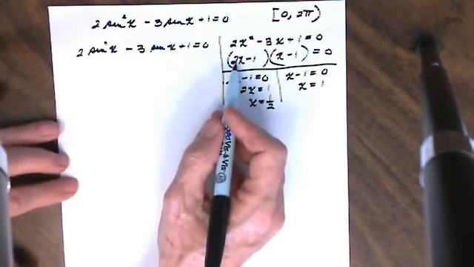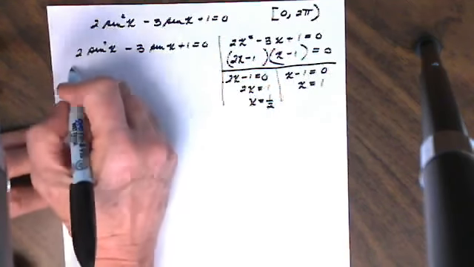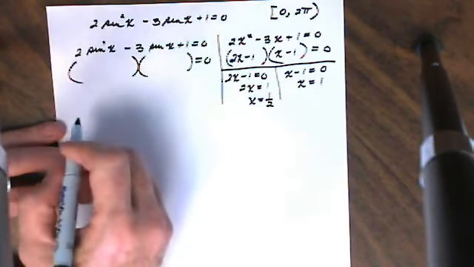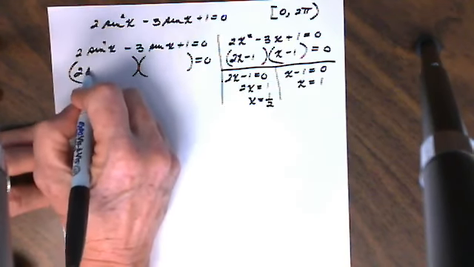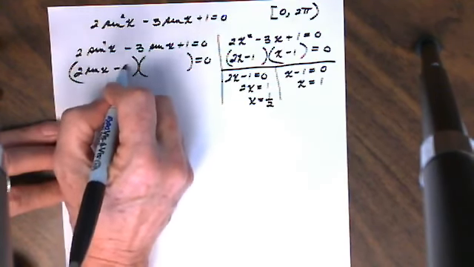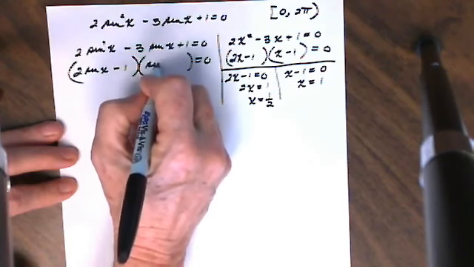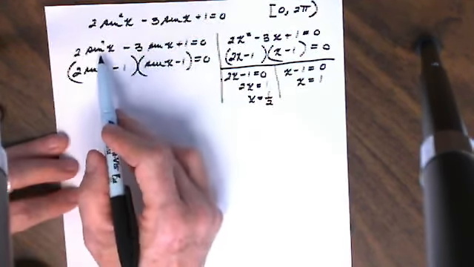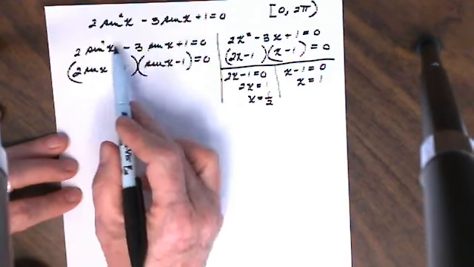Now, to mimic this intermediate algebra problem, the same thing must be true here: 2 times the sine of x minus 1, times the sine of x minus 1. If I were to FOIL that, I would get that trinomial back again.